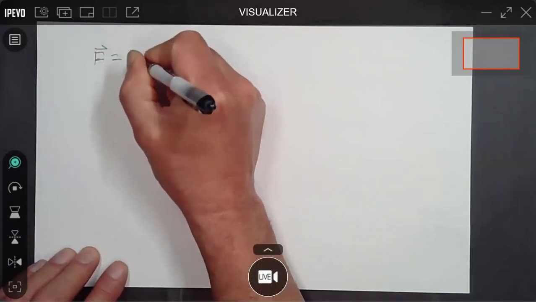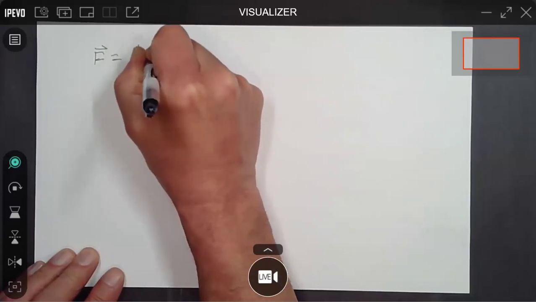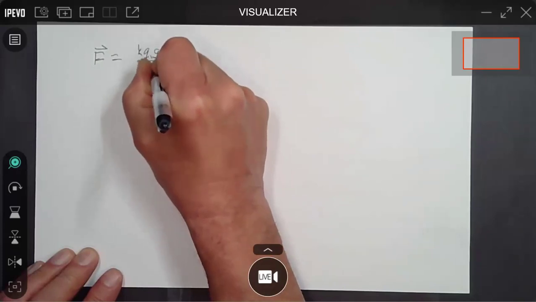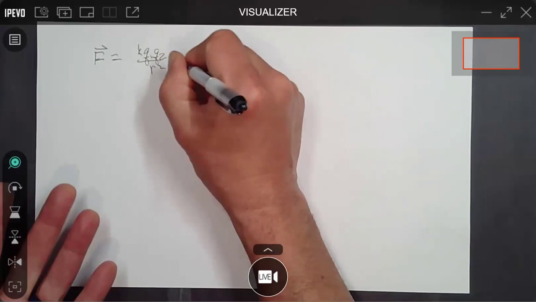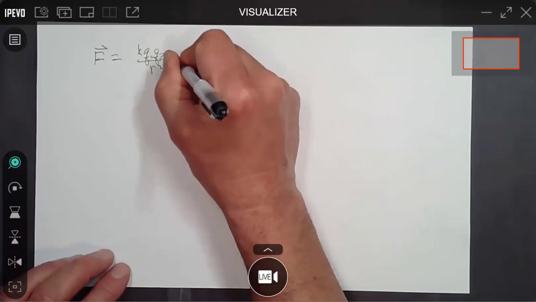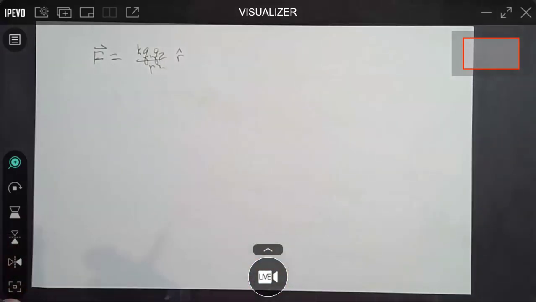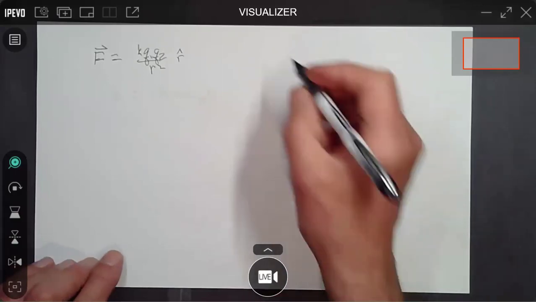We just had that the force was equal to k q1 q2 divided by the distance between them squared, and then some kind of unit vector that I'm just going to call r hat. And it pointed in the direction along the line between the two charges.